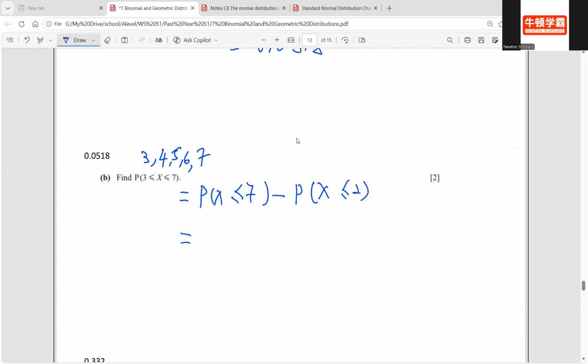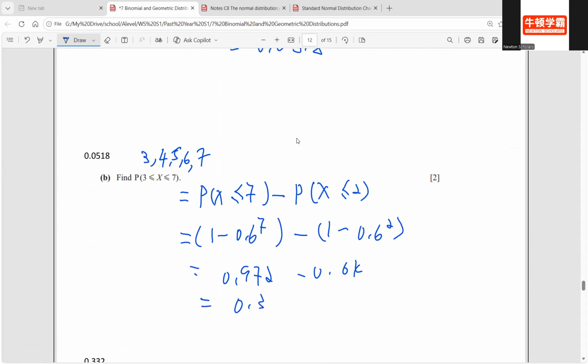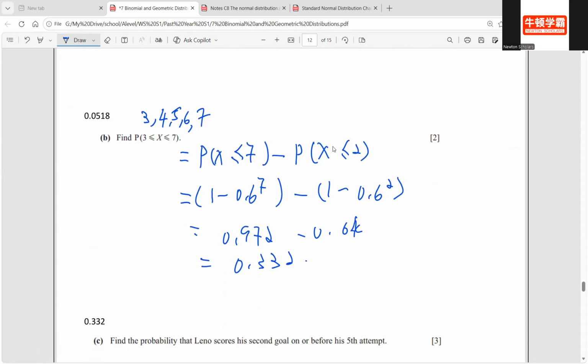This one we can use the formula, which is 1 minus Q, Q is 0.6, to the power of the whole thing, minus 1 minus 0.6 squared. When I press the calculator, I get 0.332. This is part 4.